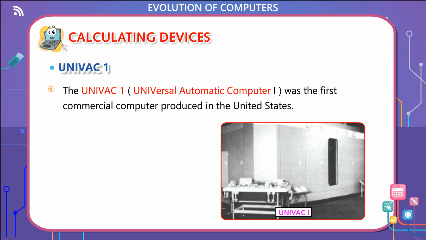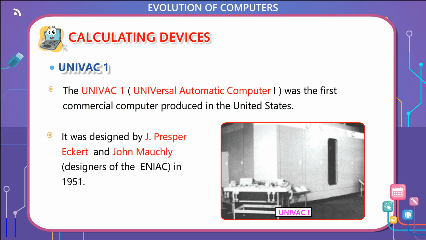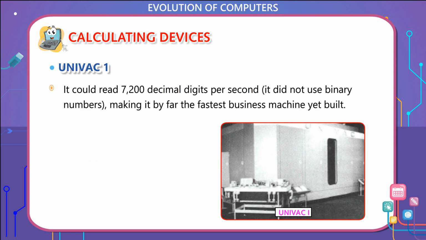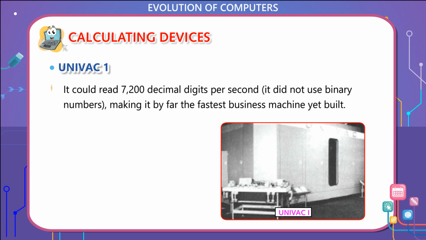UNIVAC. The UNIVAC 1, Universal Automatic Computer 1, was the first commercial computer produced in the United States. It was designed by J. Presper Eckert and John Mauchly, designers of the ENIAC, in 1951. It could read 7,200 decimal digits per second. It did not use binary numbers, making it by far the fastest business machine yet built.